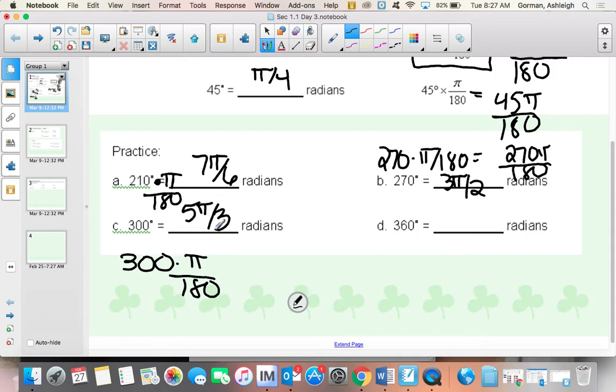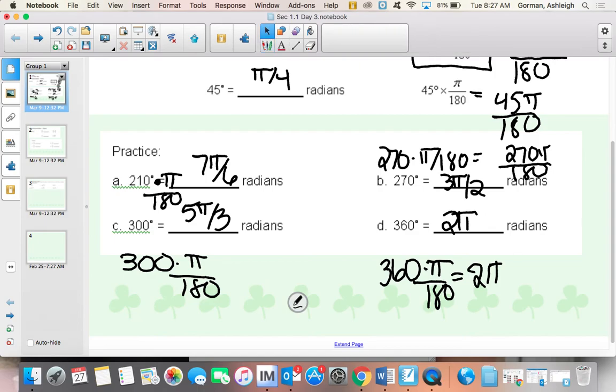That is 2 pi radians. Because 360 times pi over 180, when you simplify, you do get 2 pi. For the homework tonight, you're going to do something very, very similar like this.